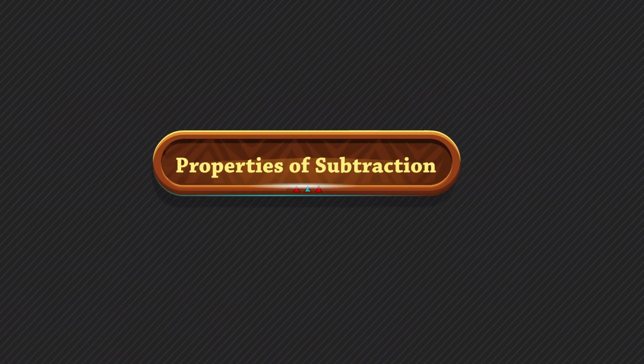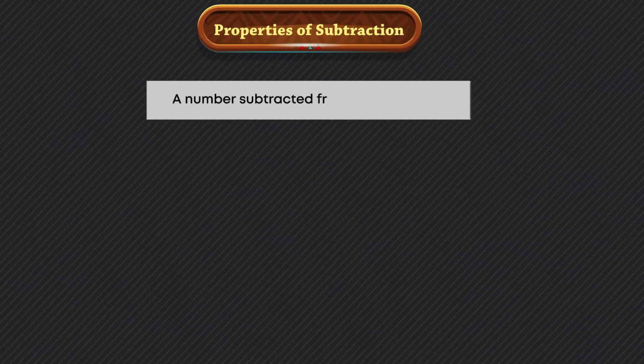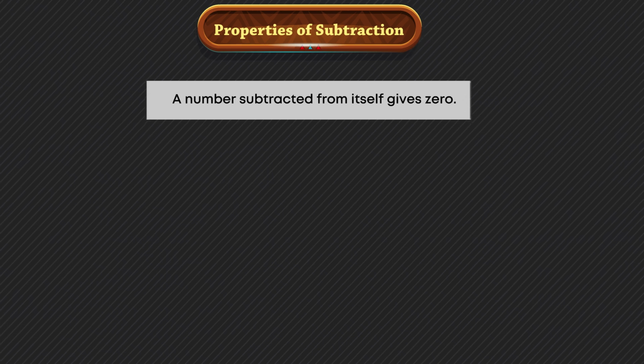Properties of subtraction. A number subtracted from itself gives 0.